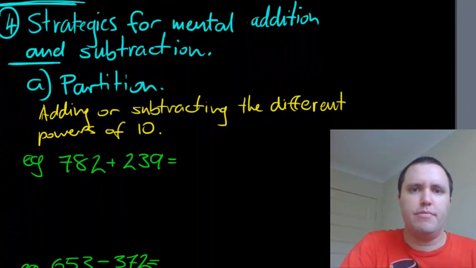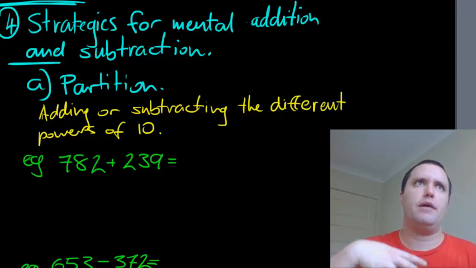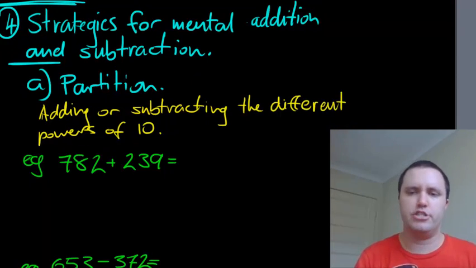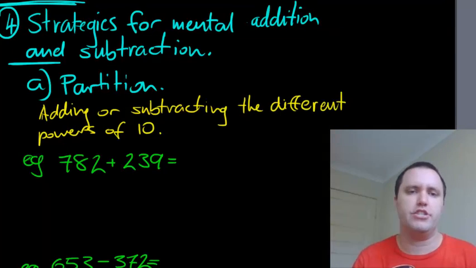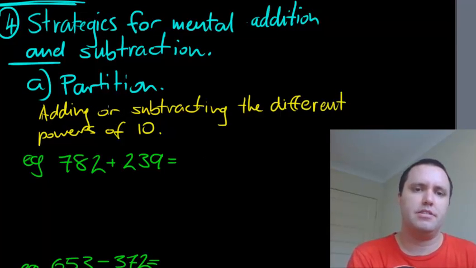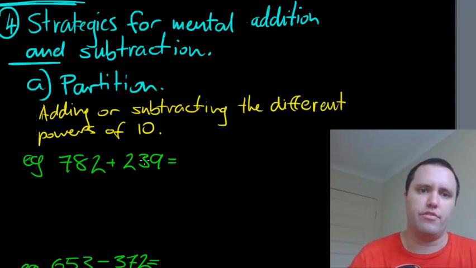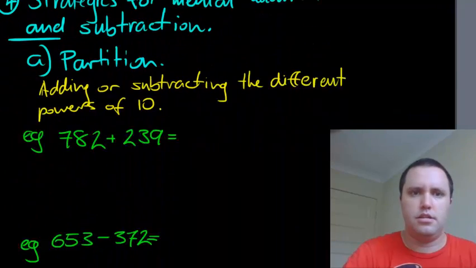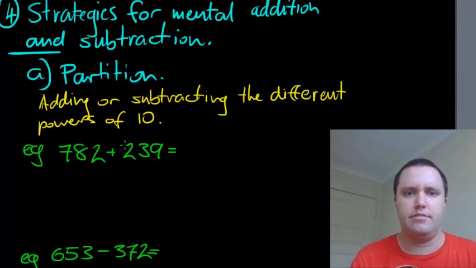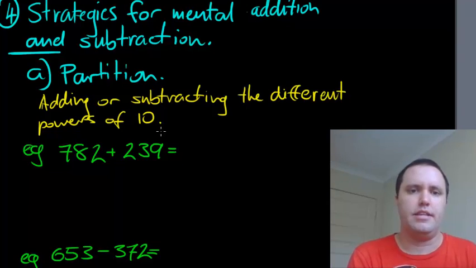Right, strategies for mental addition and subtraction. So there's a couple of ones for you to be able to quickly do addition and subtraction in your head for particular types of operations you're asked to do. So adding or subtracting the different powers of 10. So this is similar to the algorithm up the top. So when you've got these numbers here, instead of trying to add 780, 200, and 239, you will, similar to up above, add the little pieces.